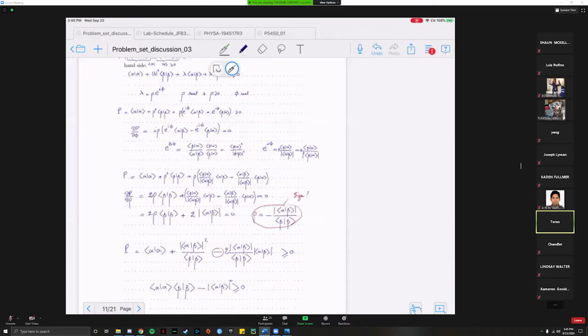I mean, we technically didn't really use the assumption that rho is positive, right? We just kind of had it in the back of our mind, but that's true. And whether you flip the sign of rho or flip phi by pi, you get the same complex number. So it doesn't sound horrible.